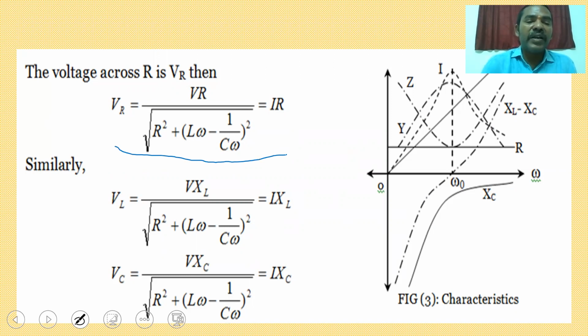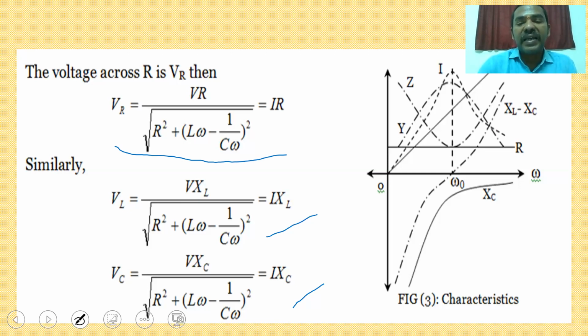Similarly, the voltage drop across the inductor is I into XL, so VL is V into XL divided by the same root. Similarly, the voltage drop across the capacitor is I into XC, so V into XC divided by root of R square plus (L omega minus 1 by C omega) whole square. So these are the voltage drops across the resistor, inductor and capacitor.